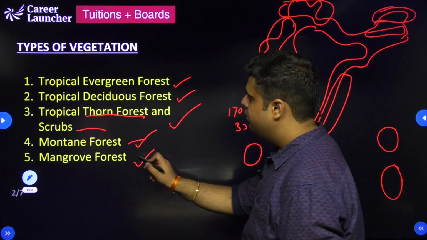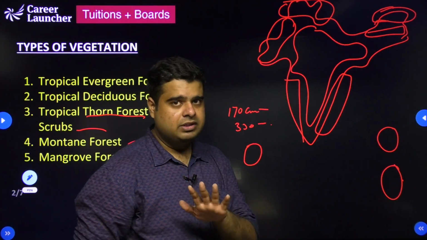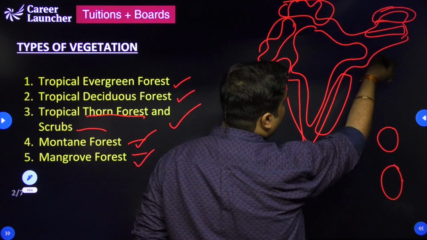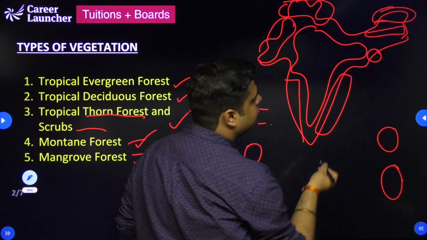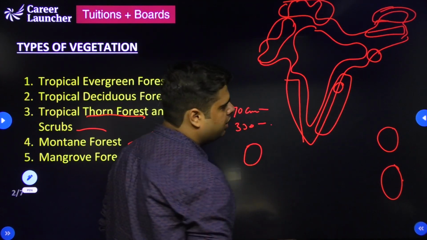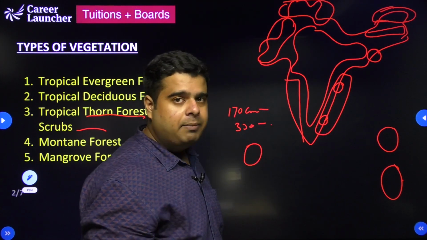And the last one is mangrove forest. This one is an interesting forest type, I should say, because it is found in only certain pockets, like this pocket in the state of West Bengal, this pocket in the state of Andhra Pradesh, this pocket in the state of Tamil Nadu.